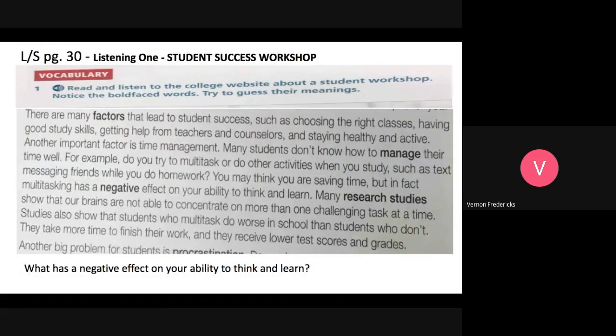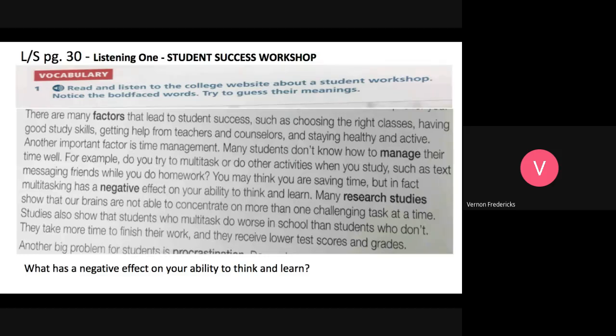Okay. What has a negative effect on your ability to think and learn? There are many factors that lead to student success, such as choosing the right classes, having good study skills, getting help from teachers and counselors, and staying healthy and active. Another important factor is time management.